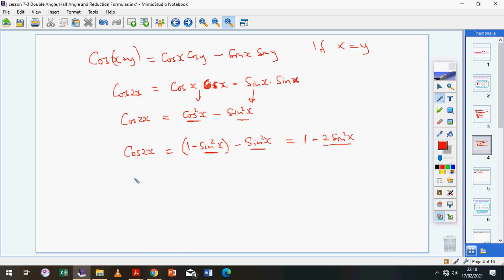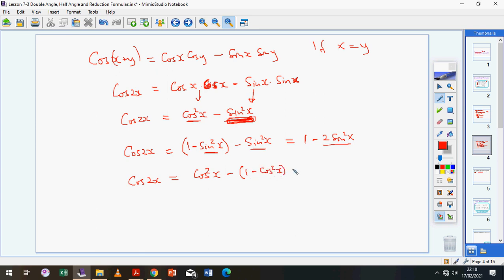A third way that I can write it is if I express this sine as a cosine, right? Instead of expressing cosine as sine, I'll express sine as a cosine. So it's still cosine of 2x is equal to cosine squared x remains, but instead of this sine squared x, I'm going to express this sine squared x as a cosine, and I know that that is 1 minus cosine squared of x.